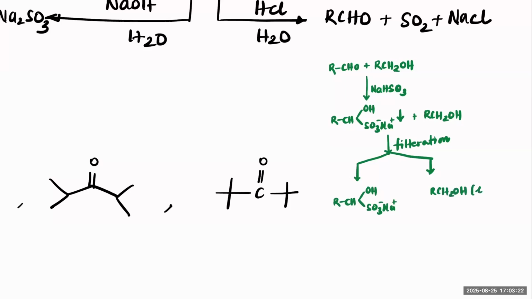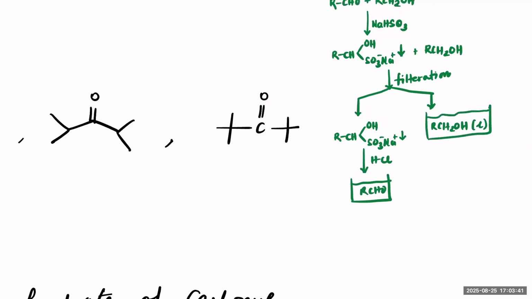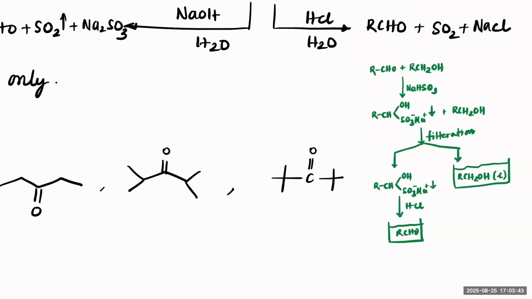This is the liquid form which you will have, correct? And this part, which is a precipitate, if you react with HCl again, it will become an aldehyde again. Okay, and you can see aldehyde and alcohol both got separated out. Done. This is a separation method used to separate aldehydes and alcohols.